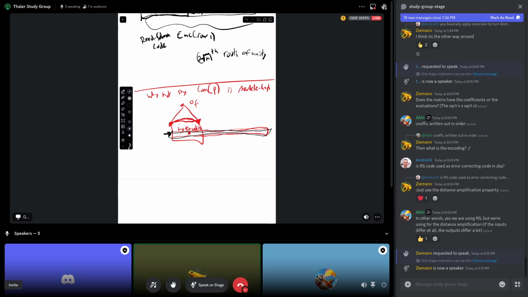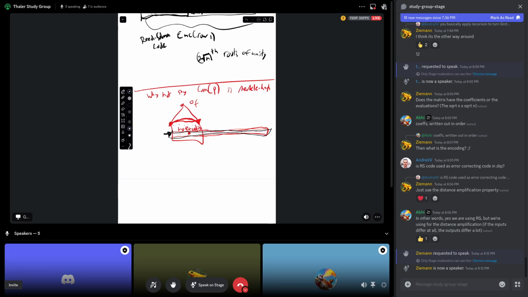Okay. I did want to ask something else. When we were checking before the encoding, I got a bit confused because the row is made up of coefficients, and you say we're extending that in the encoding.